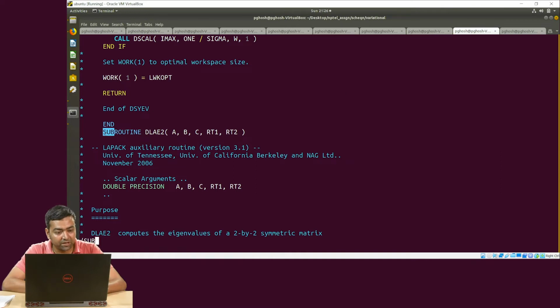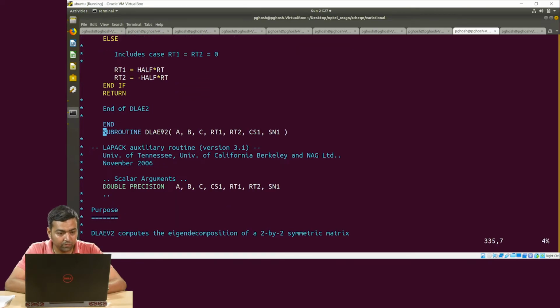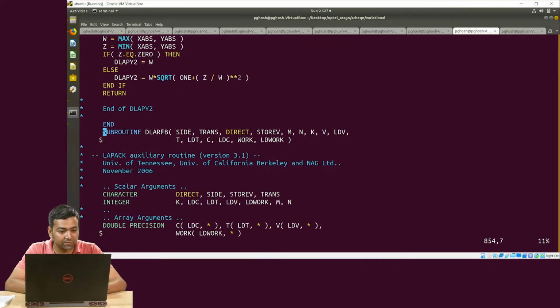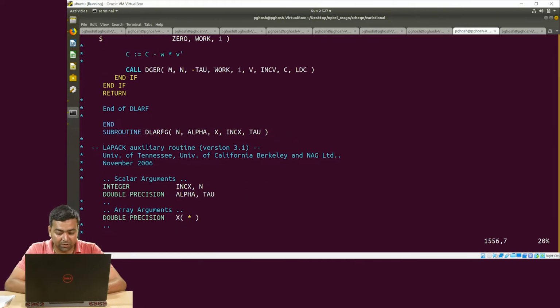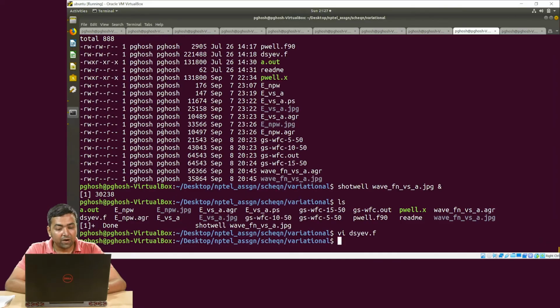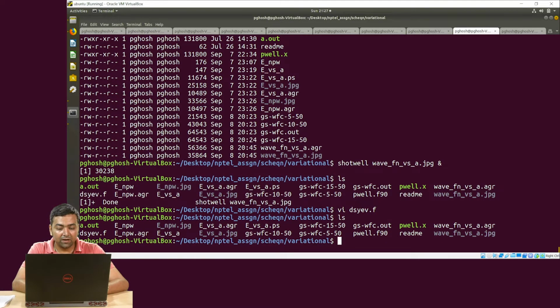See, for example, here it requires this particular subroutine. Then if I go down, it will require another subroutine, and so on and so forth. These subroutines are part of the BLAS library. So, you need to have a pre-installed BLAS in your machine in order to compile this code.